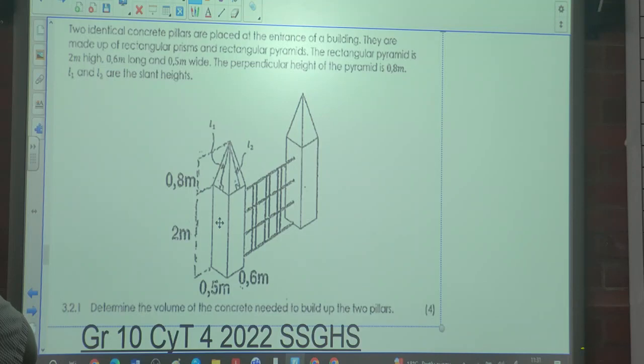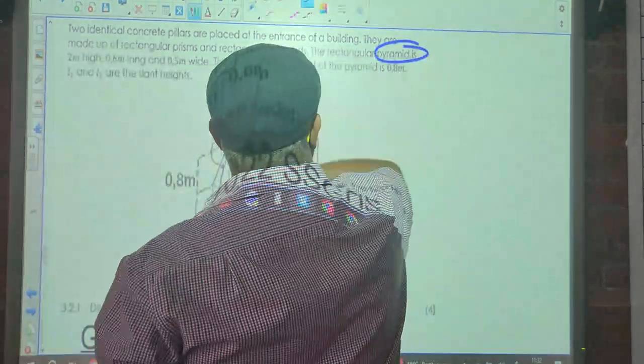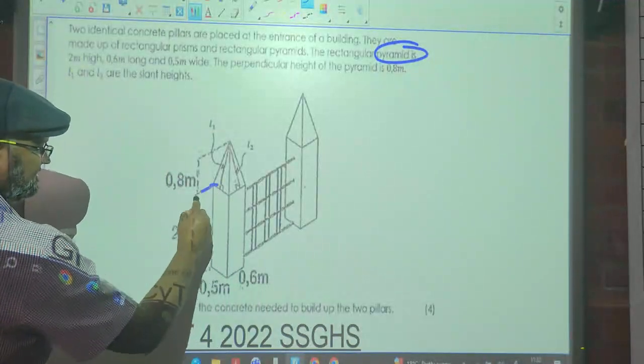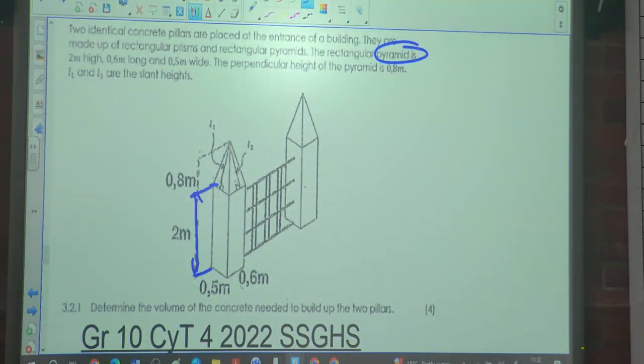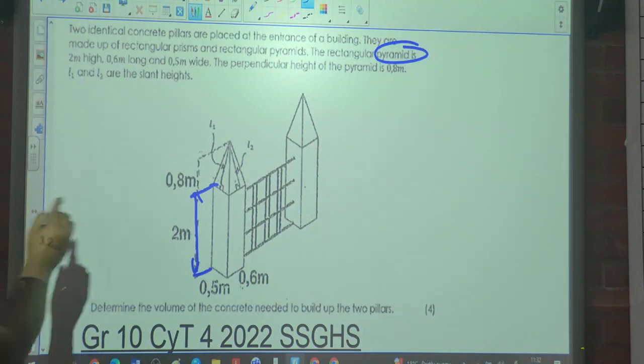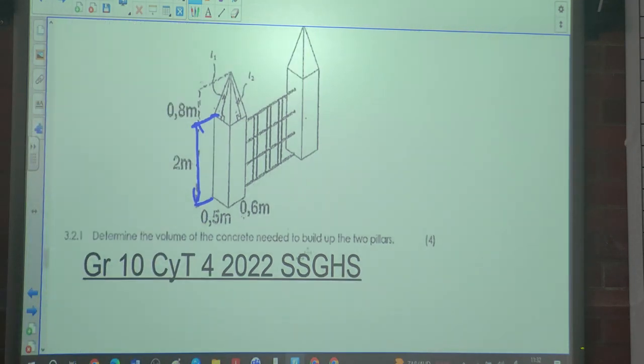I think there's another mistake. The rectangular prism is supposed to be 2 meters high. You all agree with that? The perpendicular height of the pyramid is there, that is 0.8 meters. L1 and L2 are the slanted heights. Everything that they are telling us is in the diagram.